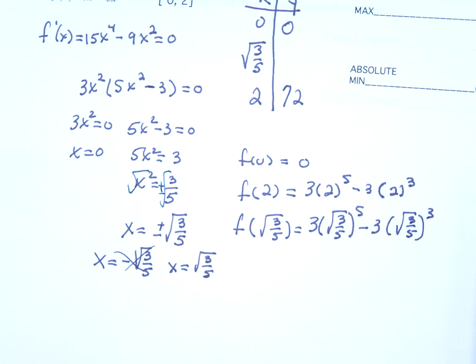I'm going to come up, pull this down, and insert parentheses, the square root of 3 divide 5. Delete. And insert the square root of 3 divide 5.